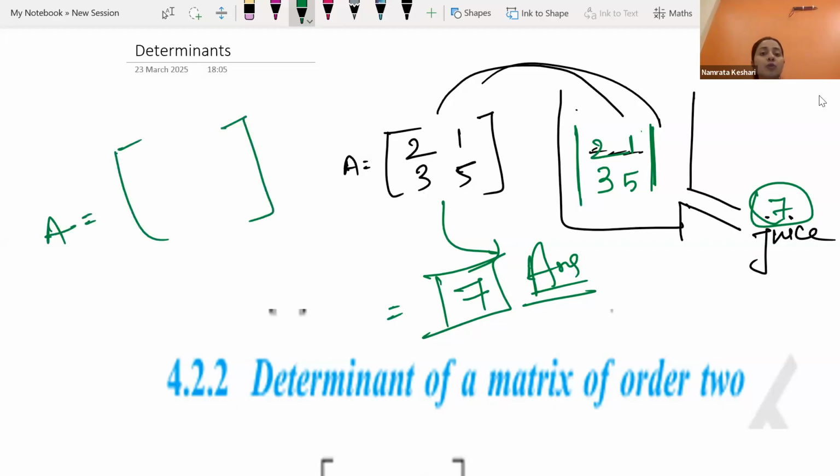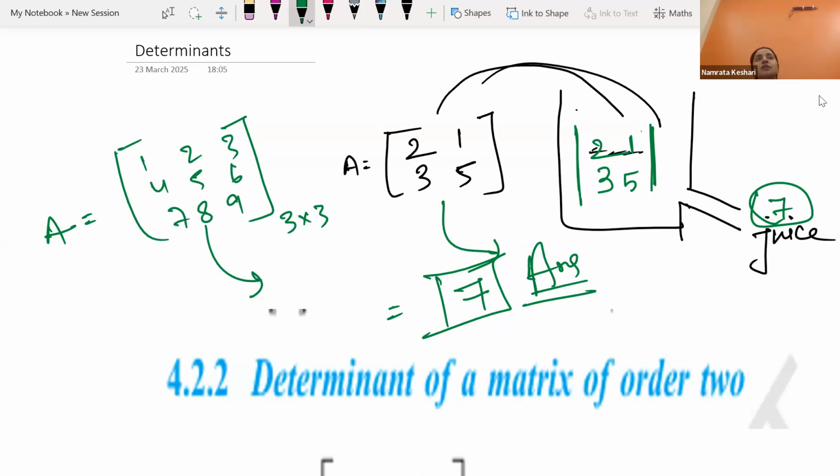When we are talking about determinants, we will always be taking a square matrix: 1 by 1, 2 by 2, 3 by 3. Maximum here we will be discussing 3 by 3, however you can also find 4 by 4. If we have a 3 by 3 matrix, 1, 2, 3, 4, 5, 6, 7, 8, 9, we can find a result from it.